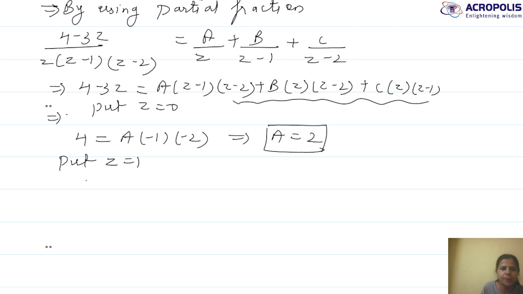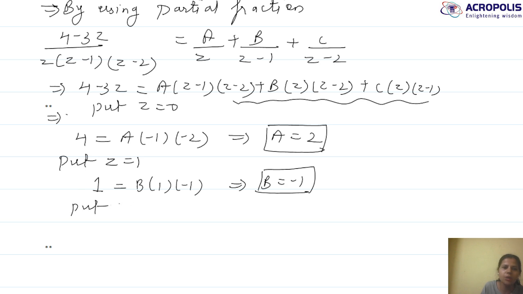Here it is 4 minus 3, that is 1, so 1 equals B times 1 times minus 1, so B equals minus 1.